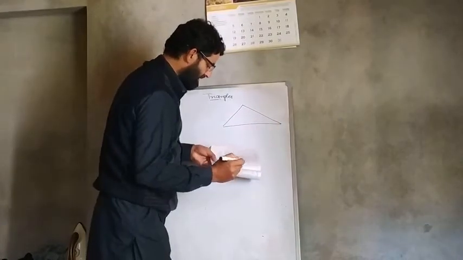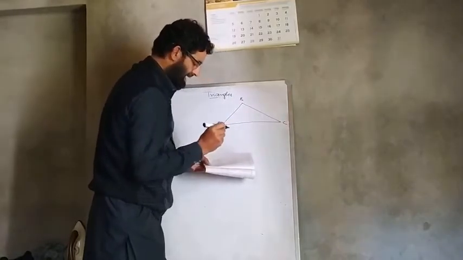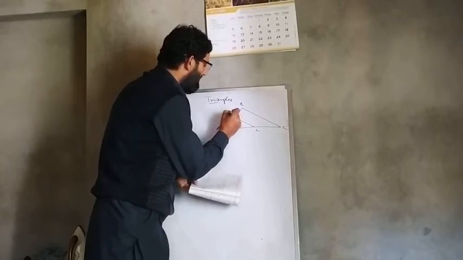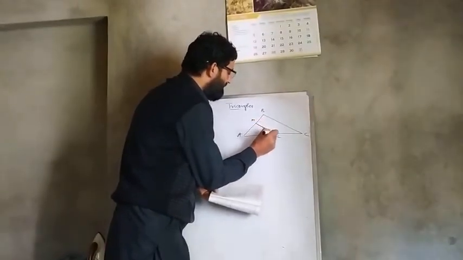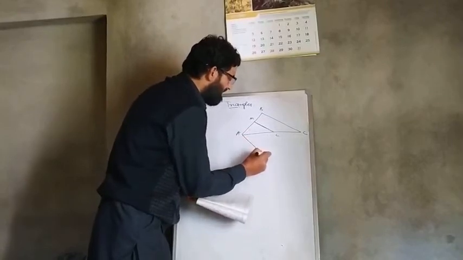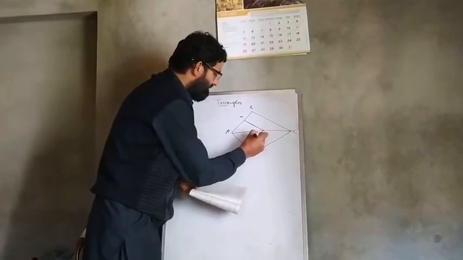This is a triangle ABC, and this LM is parallel to BC, and another triangle is here like this, and this is LN.